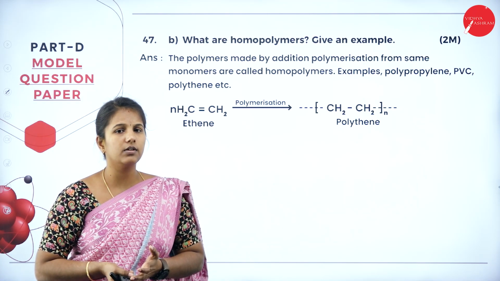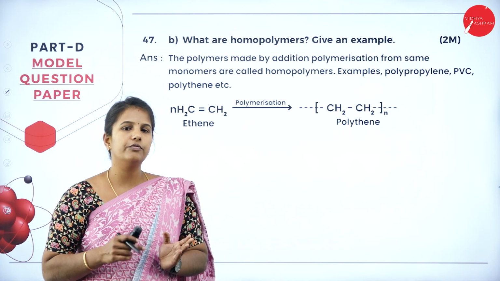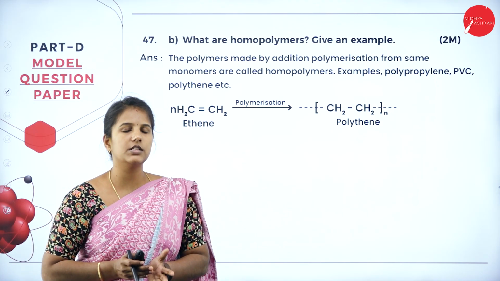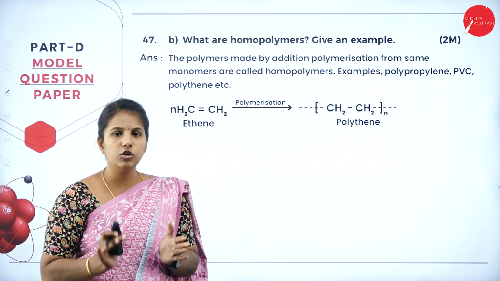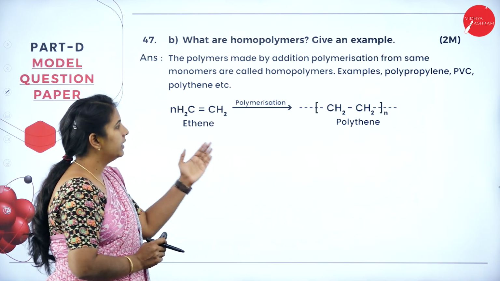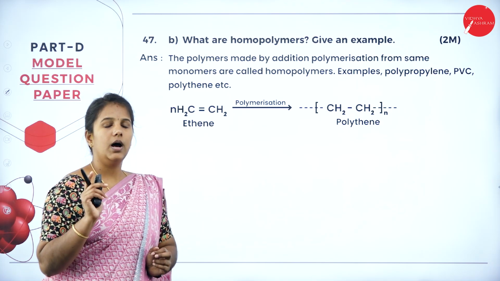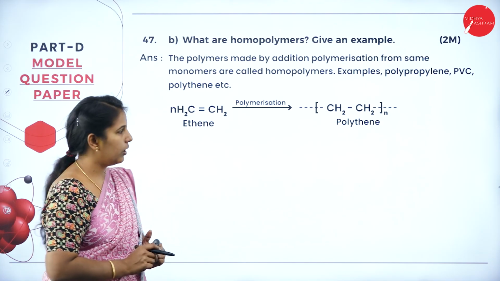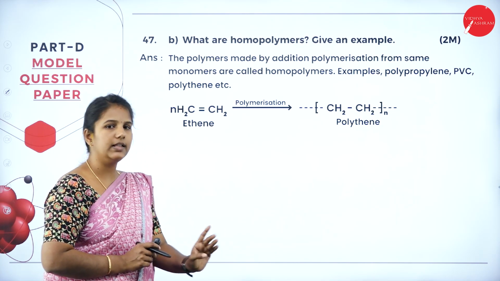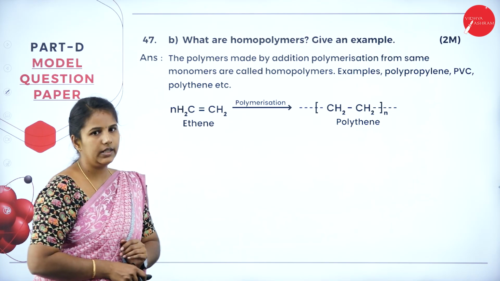There is one more method known as copolymerization, where we take two different types of monomers. But in homopolymerization, we take the same type of monomers, mix them under certain conditions, and get the polymer of the monomer. So here I have taken ethene. Ethene is mixed with other ethene to get polythene.